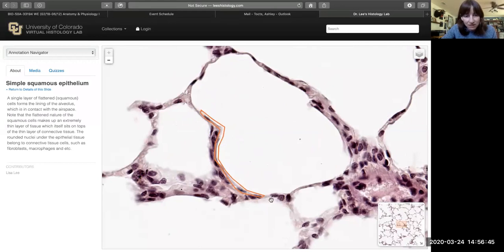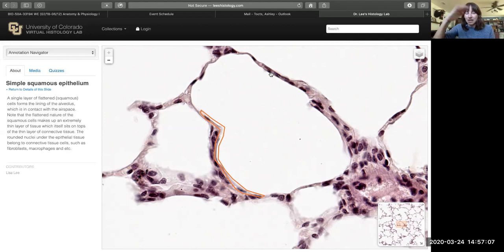So in this little example that they picked out for you, you can see how, well, one, it's very, very thin. Up here, it's the same thing. You've got a single row of nuclei, because we're looking again at a slice of lung tissue.